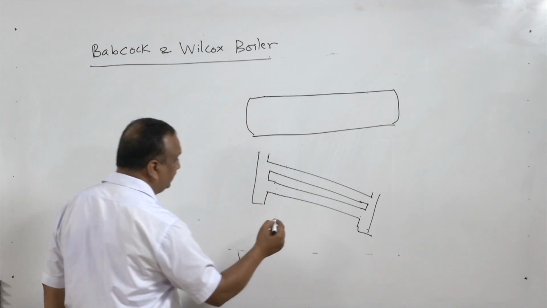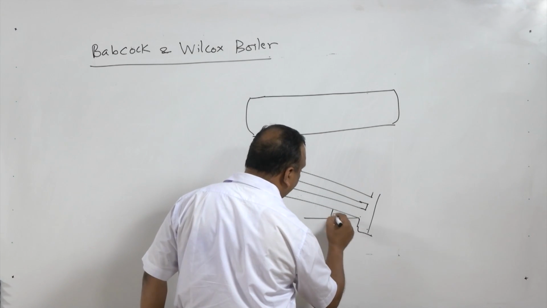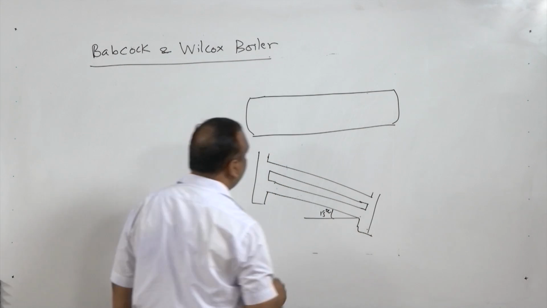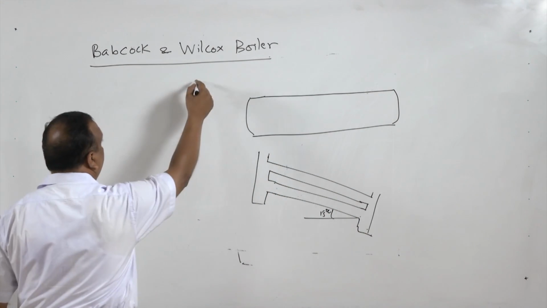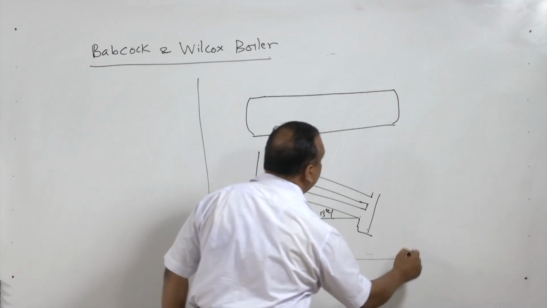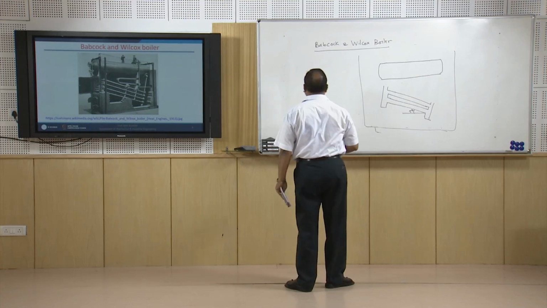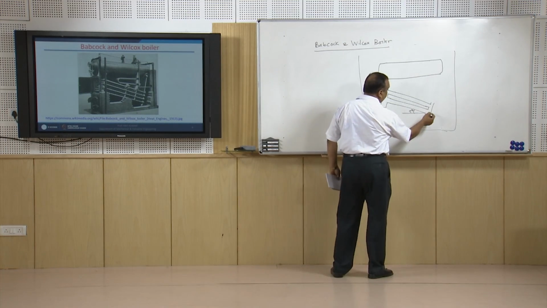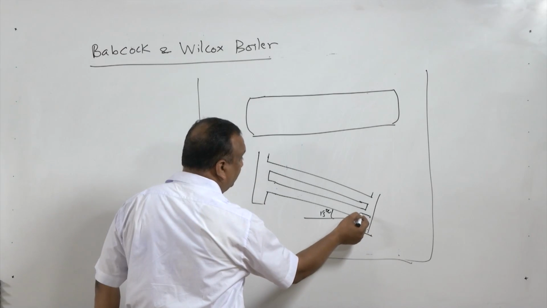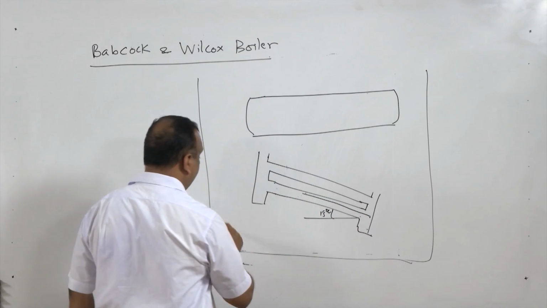The inclination of these tubes is 15 degrees from the horizontal. It is also housed in a brickwork, right? Water entering in these tubes, the feed water, moves in upward direction.